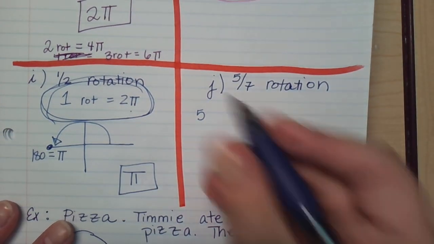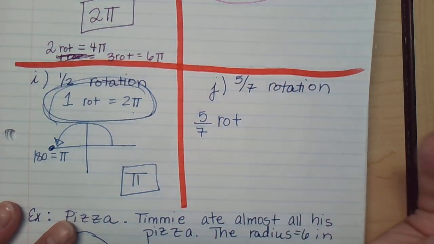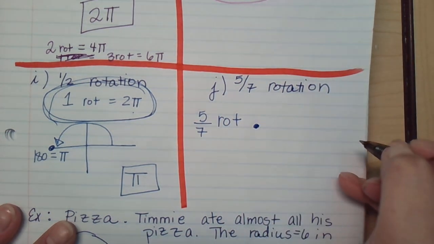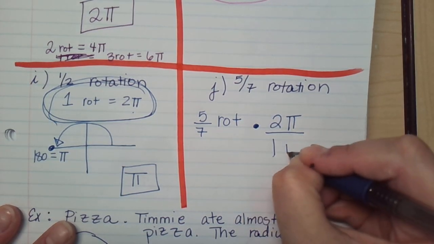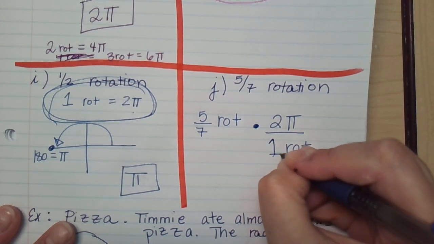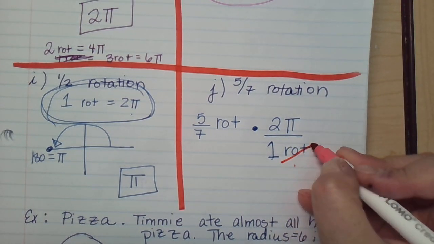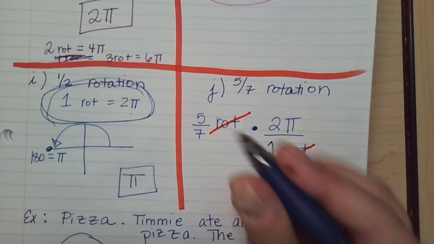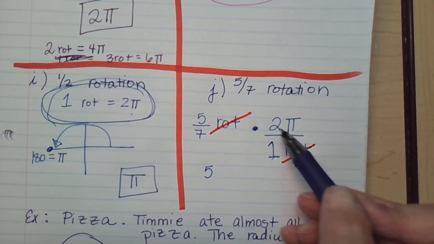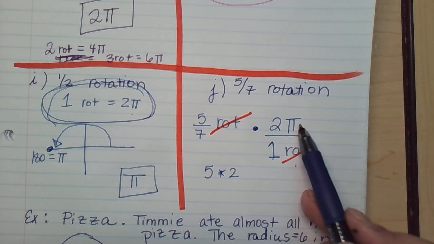So let's see here. We have 5/7 rotation and we're going to multiply it by 2 pi over 1 rotation. And the reason we're putting the rot on the bottom is so that the rot on the bottom will cancel out with the rotation on the top. So now all we have to do is figure out what 5 times 2. Yeah, let's not put the pi yet.